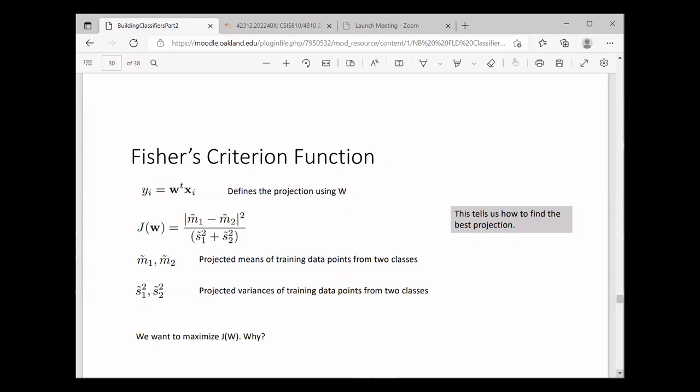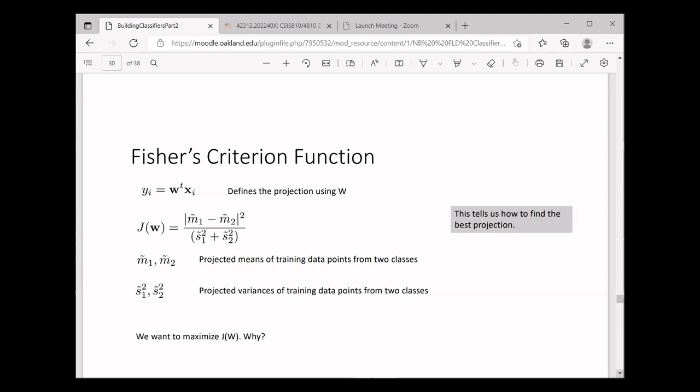Remember, over here and in most of the equations that you will come across, the constant term W0 is always absorbed in the weight vector W, and we never generally write that as separate. It's just for the convenience sake. So y sub i is the projection of ith example x sub i through a weight vector W.